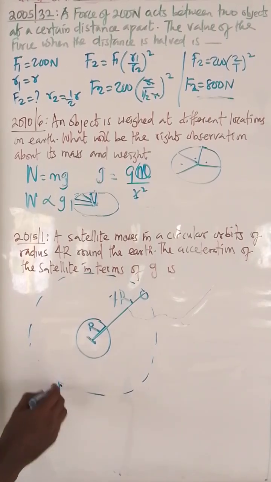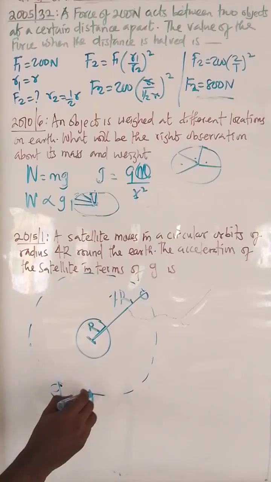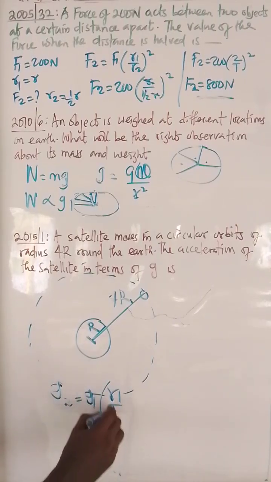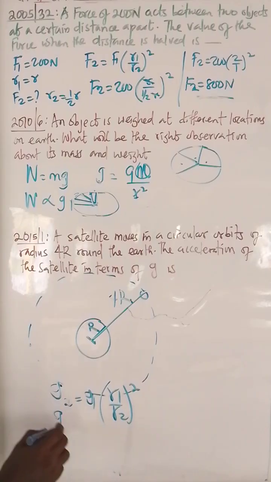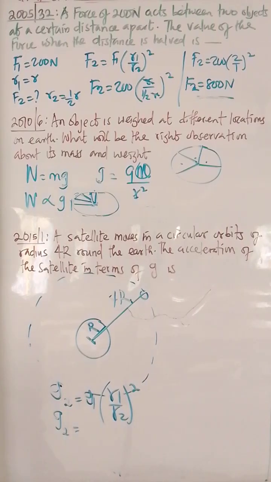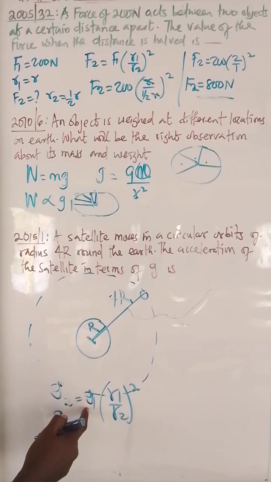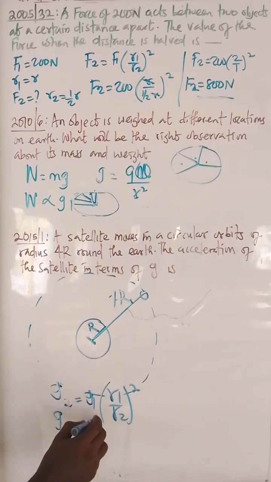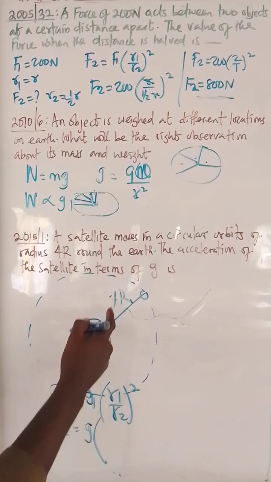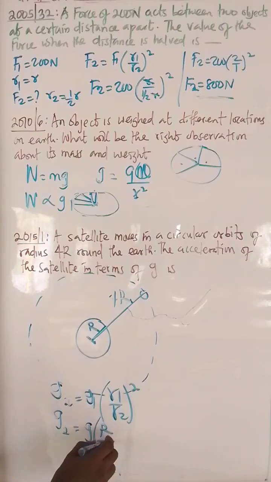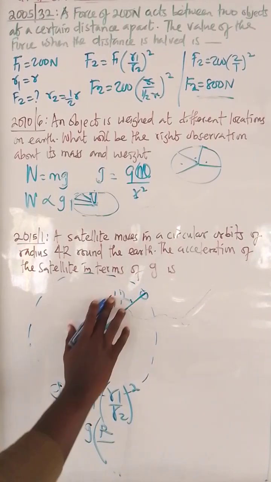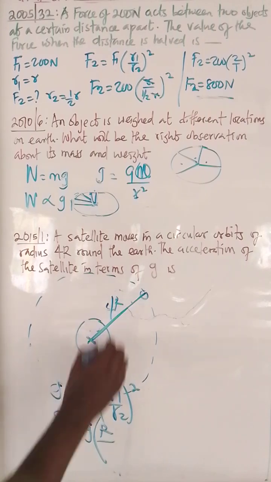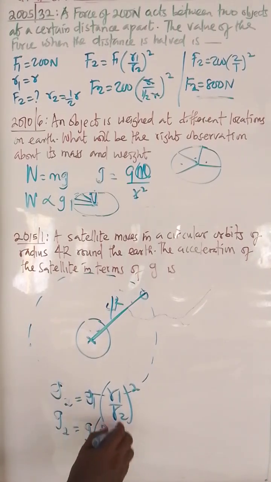Now this is about distance and acceleration. You recall I gave you that g2 equals g1 into r1 over r2, all squared. So g2 is the value of acceleration due to gravity for the satellite. g1 is acceleration due to gravity on Earth, that's g. While r1 is the radius of Earth, that is r. While this r2 is the distance between the satellite and Earth, which is given to be 4r. That is 4r all squared.